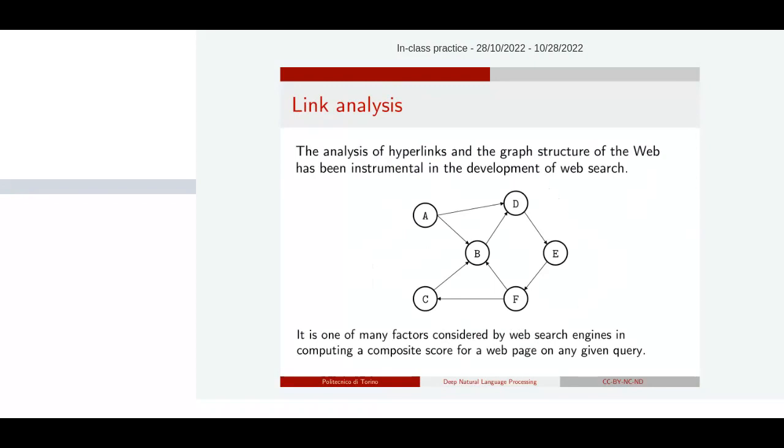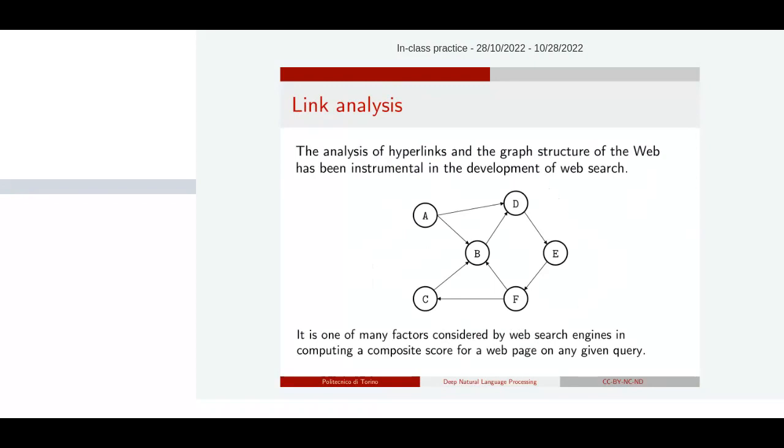We want to know if they are authoritative, if we can trust those web pages, and so we can perform link analysis to actually encode also this information in our ranking.